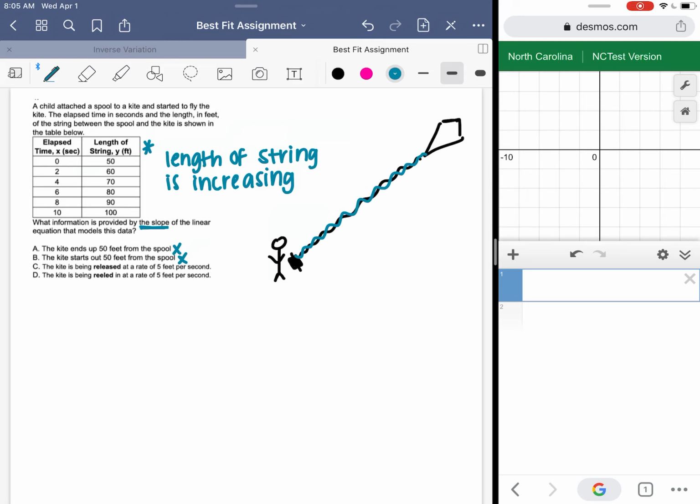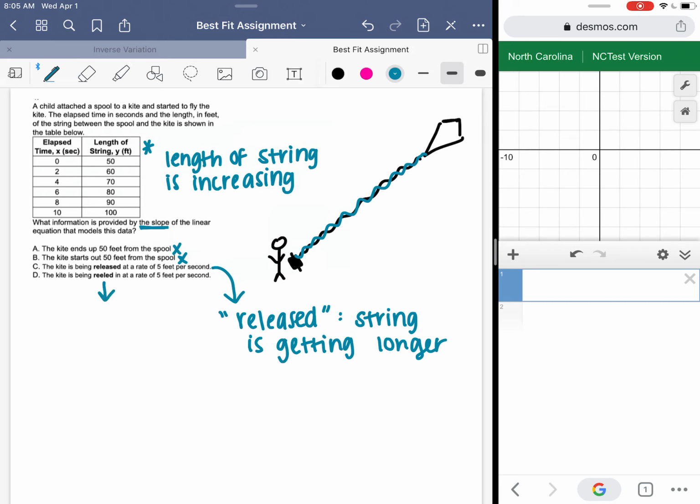Part C, the kite is being released at a rate of 5 feet per second. Or D, the kite is being reeled in at a rate of 5 feet per second. So let's think about if the kite is being released. That would mean that the string is getting longer, right?